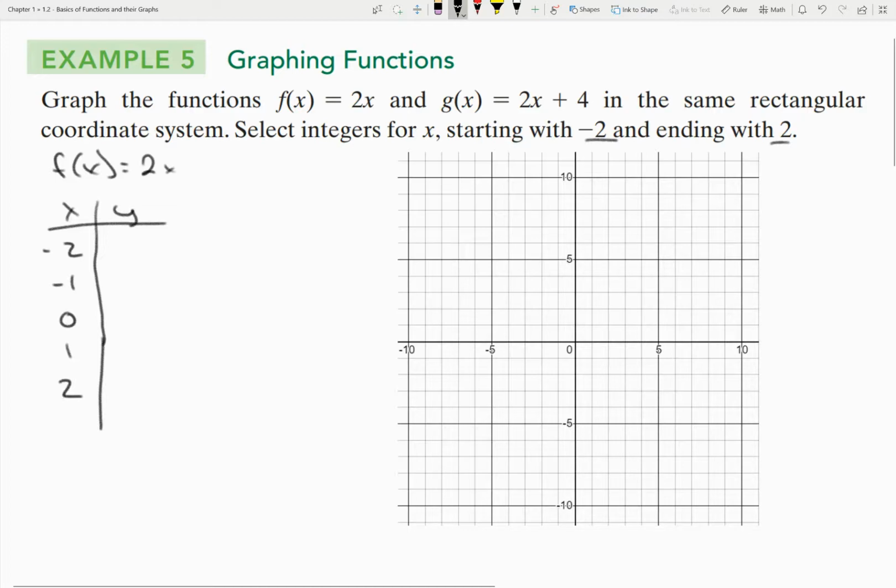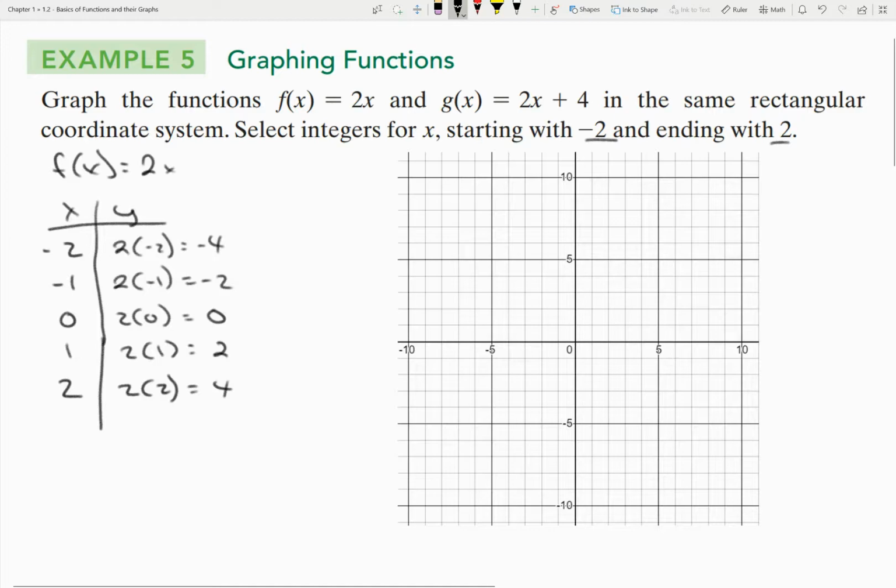So plugging them into 2x would give me 2 times -2, which is -4. 2 times -1, which is -2. 2 times 0, right? We're just plugging in for x. 2 times 1, and 2 times 2.